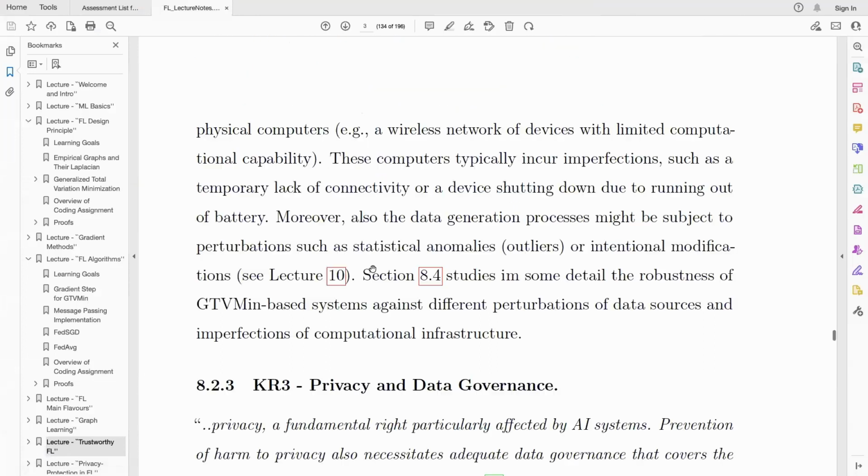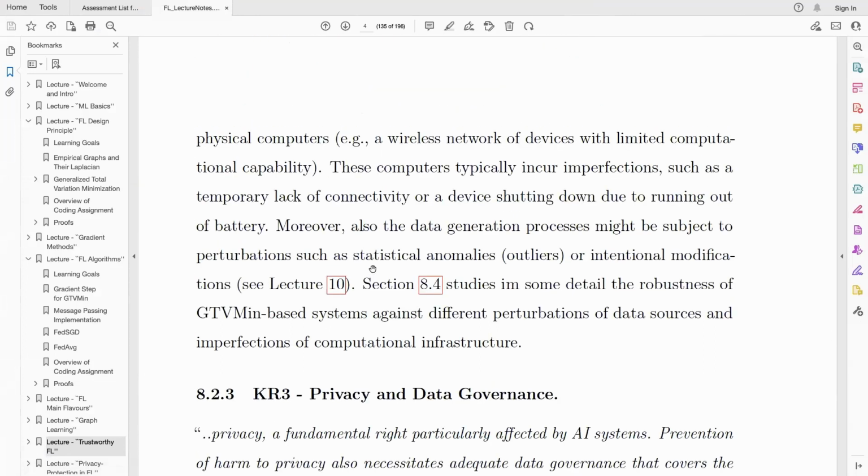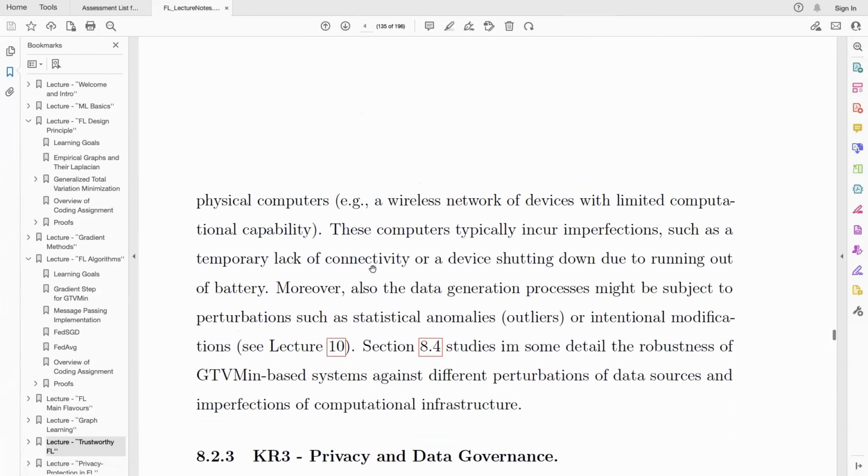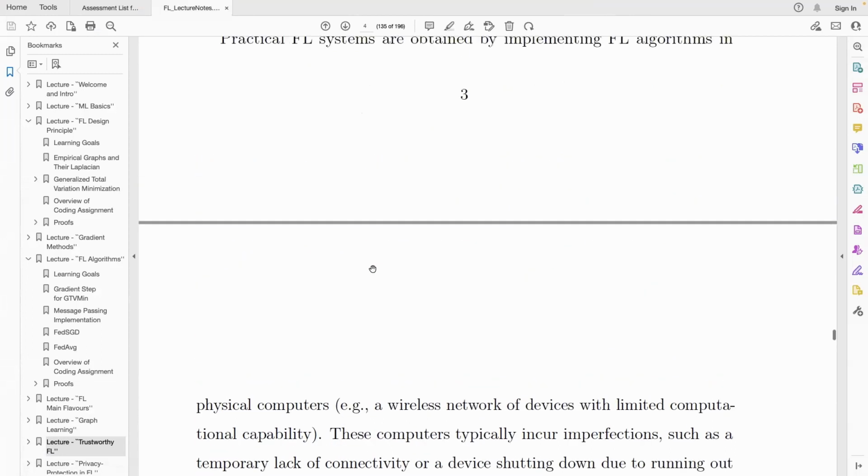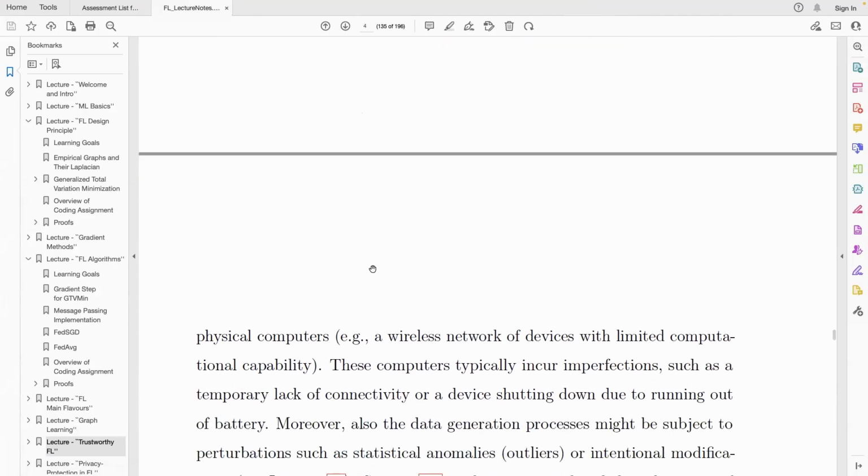So regarding robustness, what else did I want to say? Yeah, they should also be robust against failures in the computer. In federated learning, as computers, we use our smartphones.